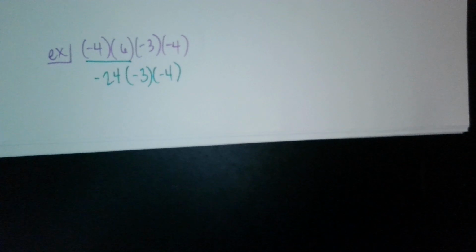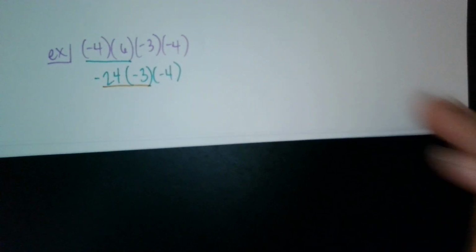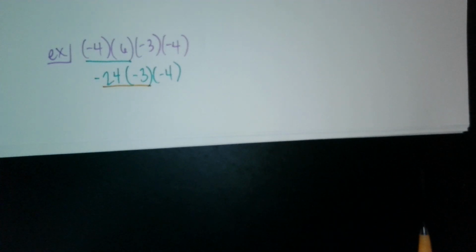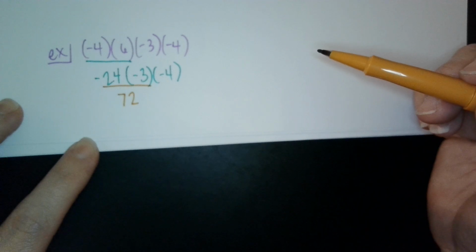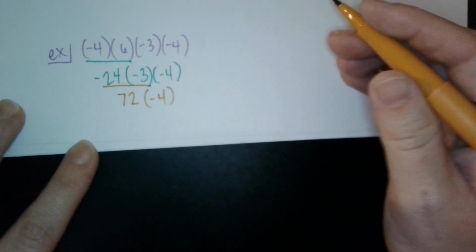Adelie, will you tell me what 24 times 3 is? 72. Alright, Adelie, what's the opposite of negative? Positive. So we're going to leave that as 72. Same sign, positive. Bring down the negative 4.